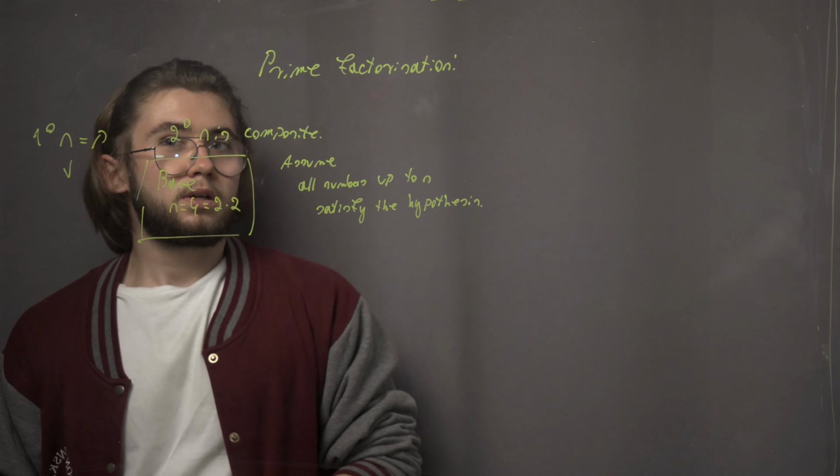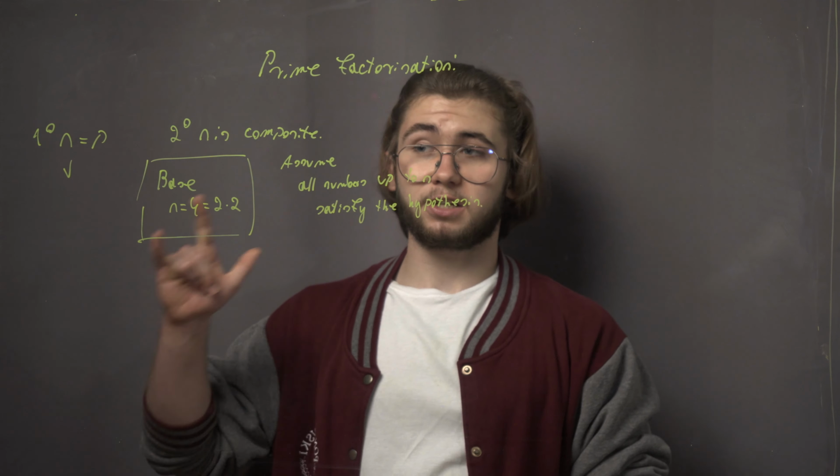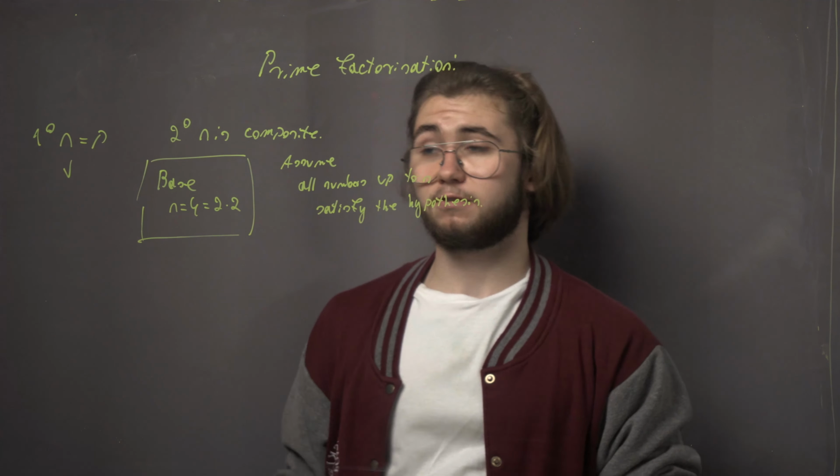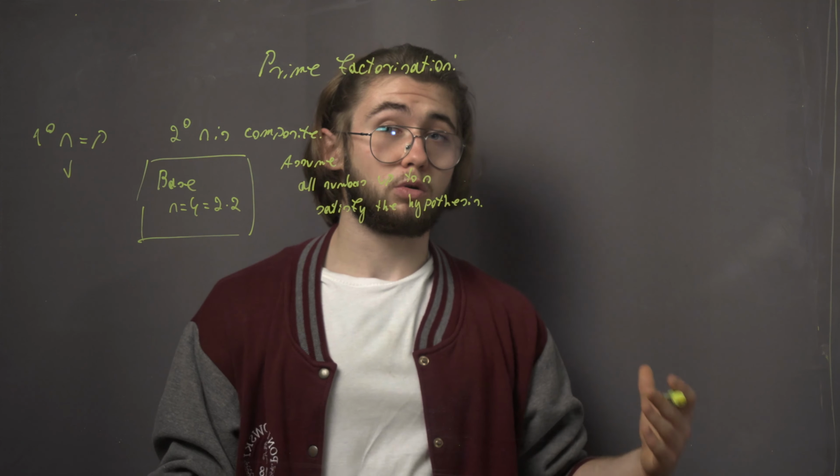Lovely. And why am I doing that? Because, as I've already said, if n is a composite number, it has at least two divisors that are not itself and that are not 1.